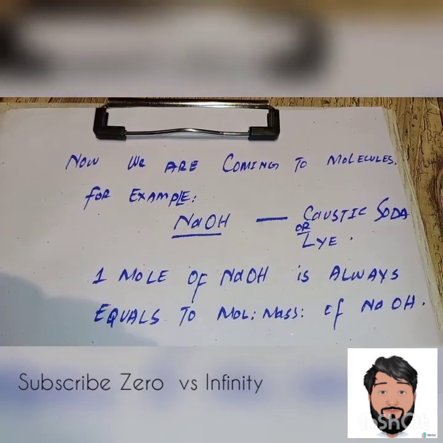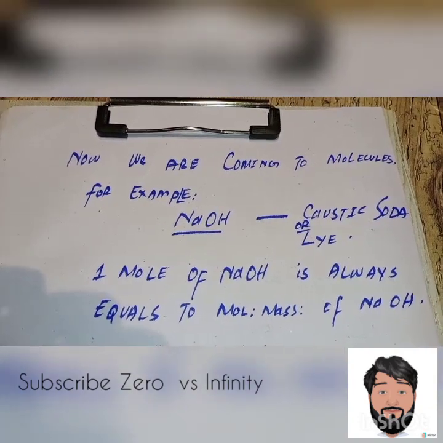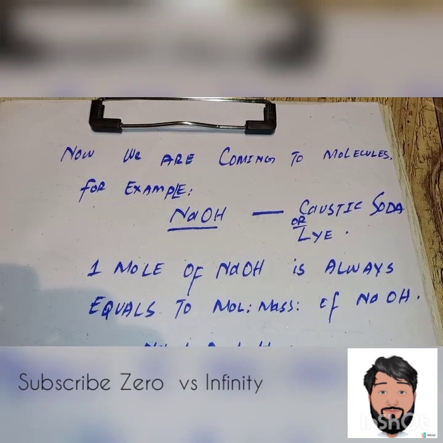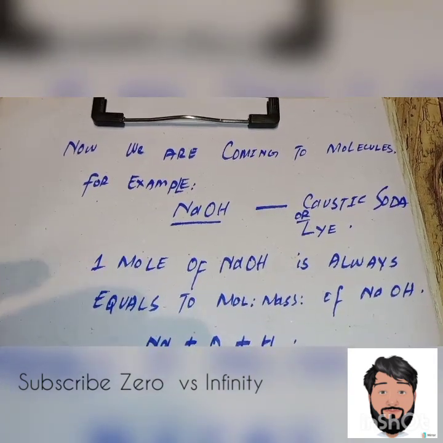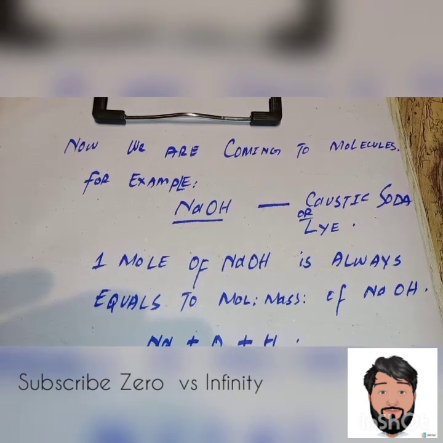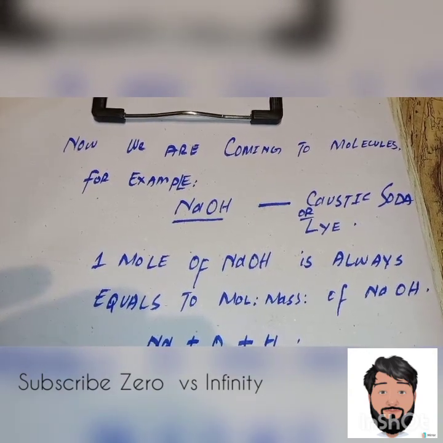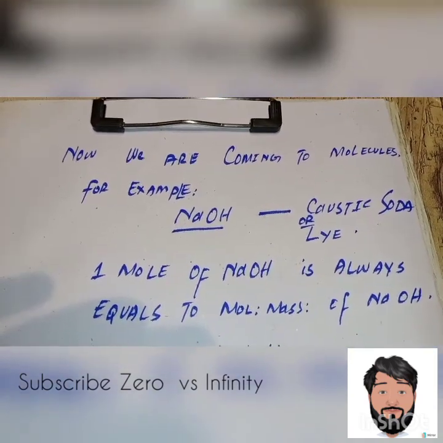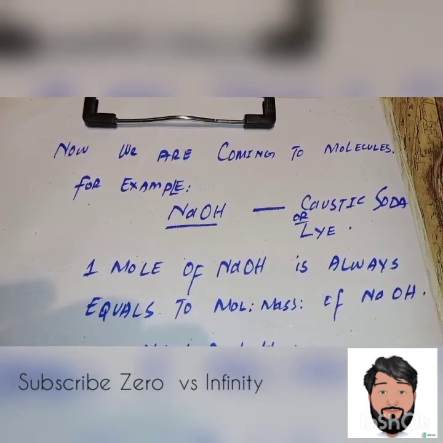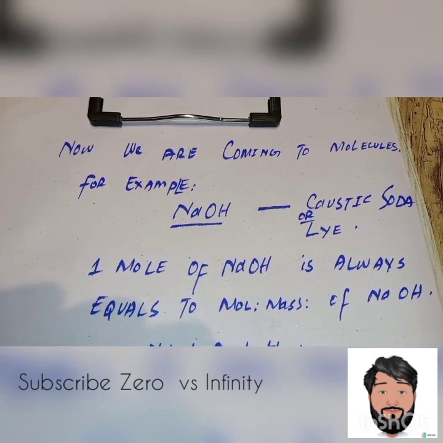Now we are coming to molecules. If we are given a molecule and you have to know how many moles there are, or how many grams we will take for 1 mole of a particular molecule. Here we take an example of sodium hydroxide, which is also known as caustic soda and lye.